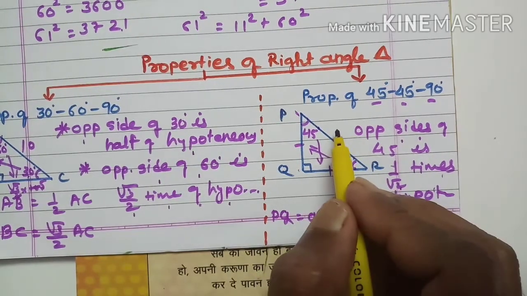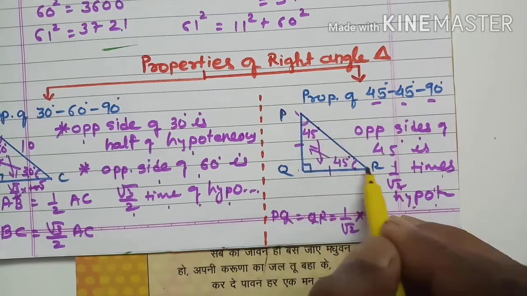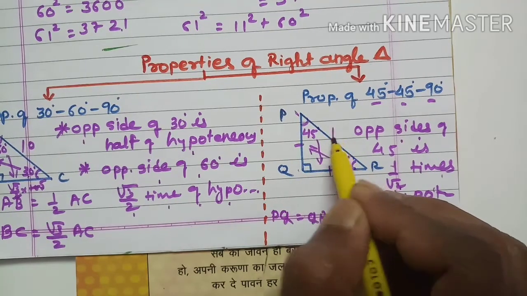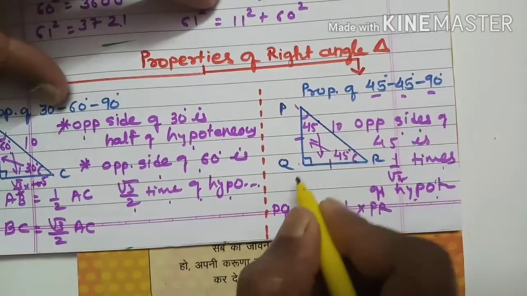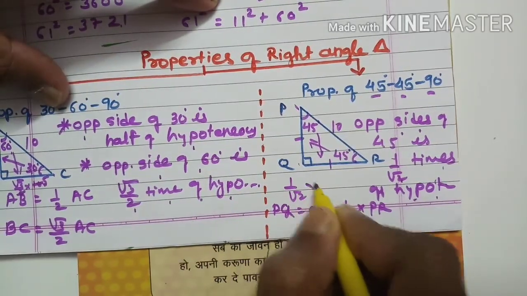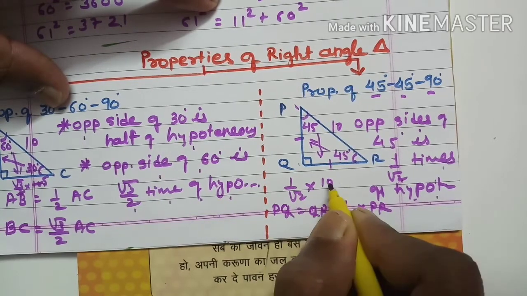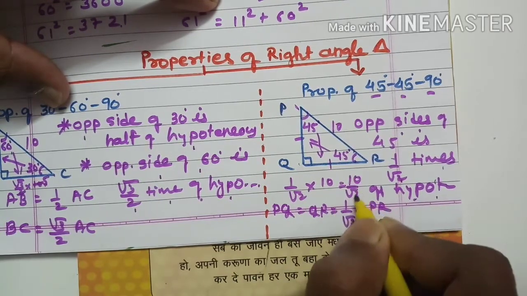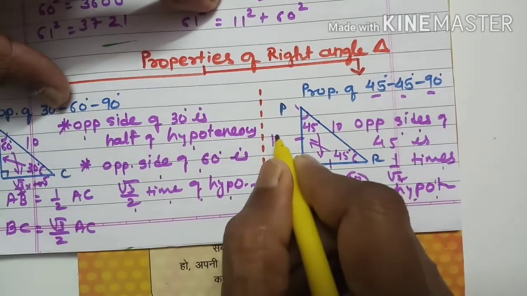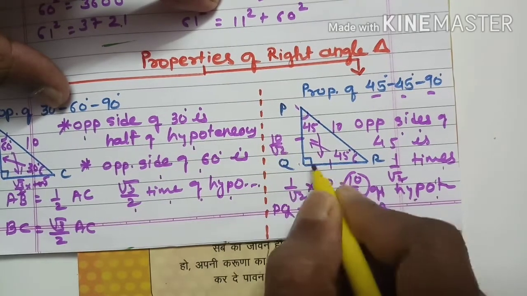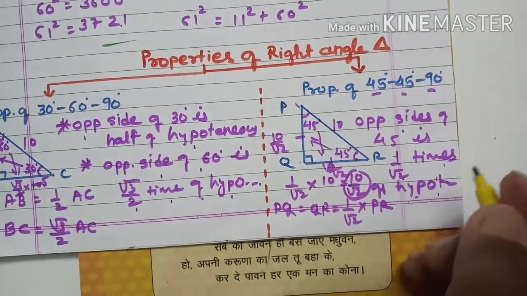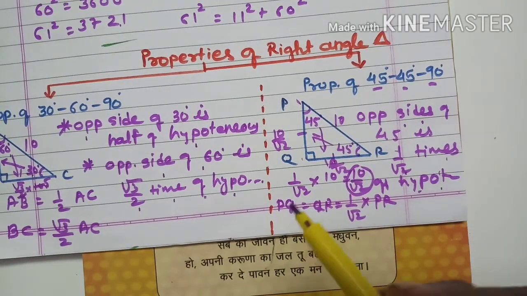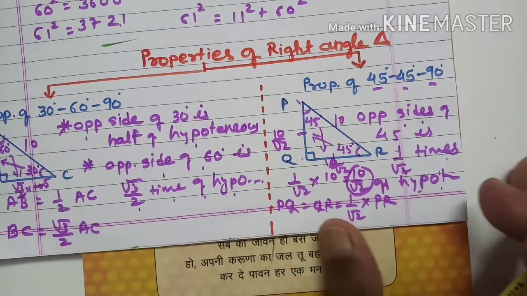Suppose the length of PR is 10. Then what will be the length of PQ and QR? It's 1 upon root 2 of the hypotenuse, so it's 10 upon root 2. The length of this is 10 upon root 2 and the length of this is also 10 upon root 2. This is how we can find the lengths of the remaining two sides if one side is given.